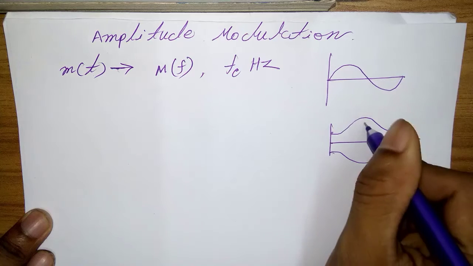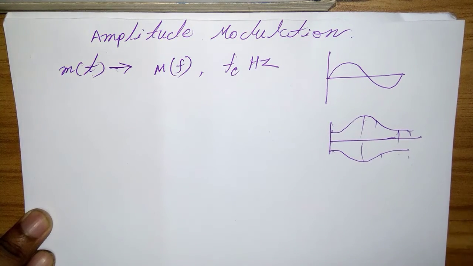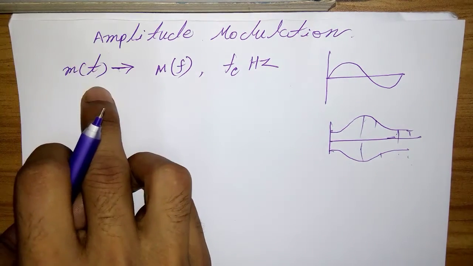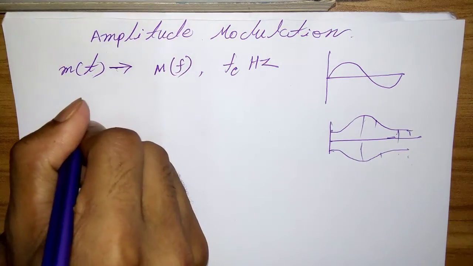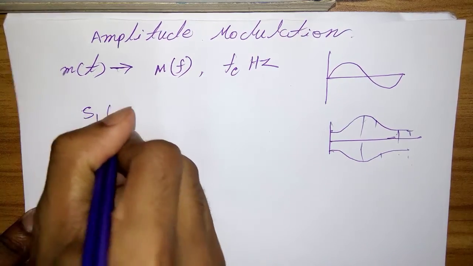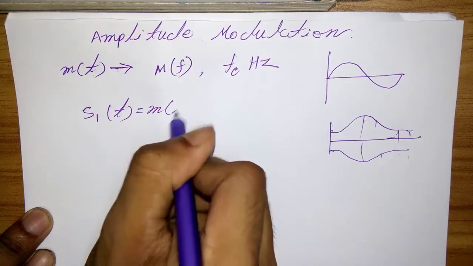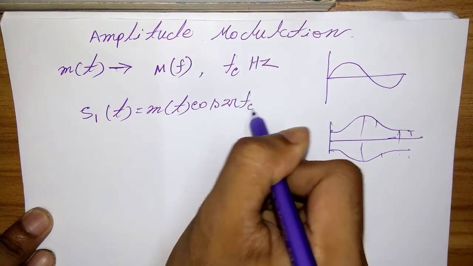That's the shifting. So to achieve this goal, in other words, what we need to do is multiply m of t by a sinusoid of frequency fc, such that the equation will be s1 of t equals m of t cos 2 pi fc t.